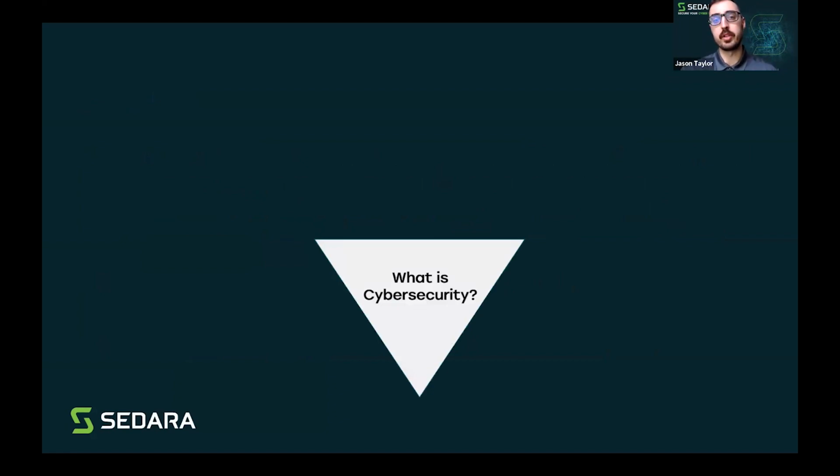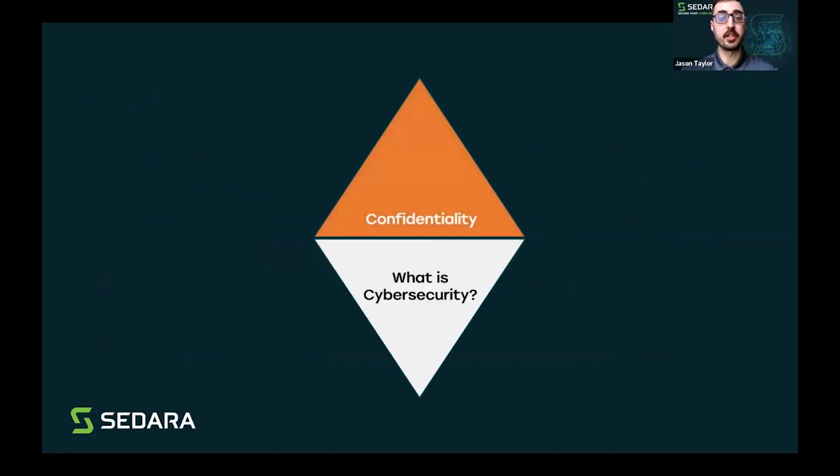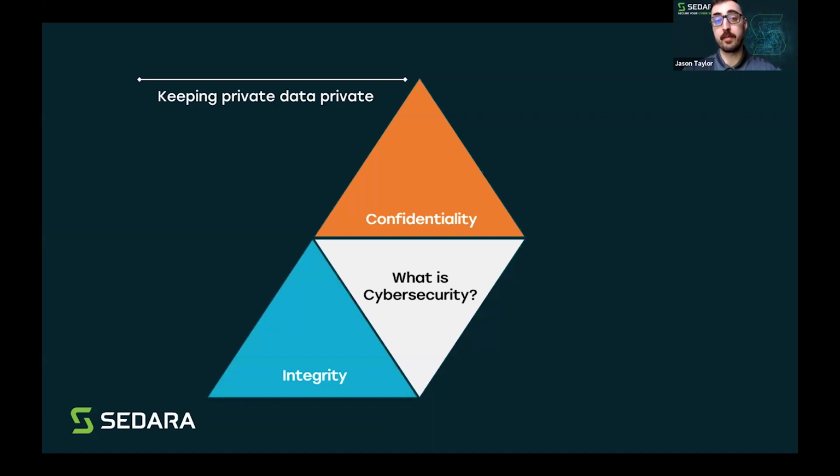Well, let's back up a second and just take a look at what is cybersecurity. What is it that we're here to do? In a nutshell, cybersecurity is about three pillars. The first is about confidentiality. We need to ensure that private data is kept private, that only authorized individuals can access the things that they are authorized to access. We also need to be concerned with integrity.